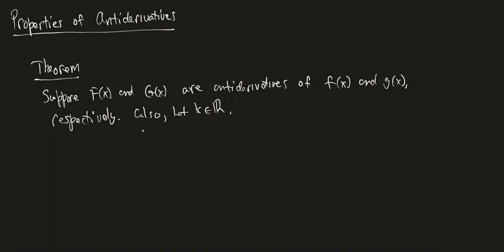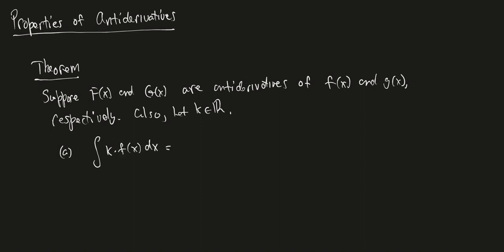So here's our first property. I'll write it down, and while I write it, we will illustrate exactly what the property is saying. Let's say I have to find the antiderivative of a constant times f of x, so k times f of x.